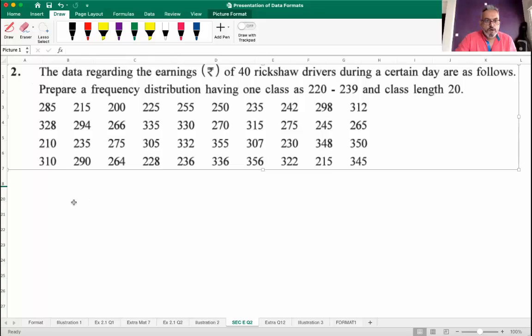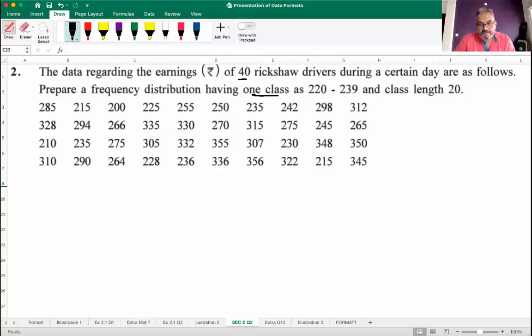Now, over here, let's read the question first. The data regarding earnings in rupees of 40 rickshaw drivers during a certain day are as follows. Prepare a frequency distribution having one class as 220 to 239.